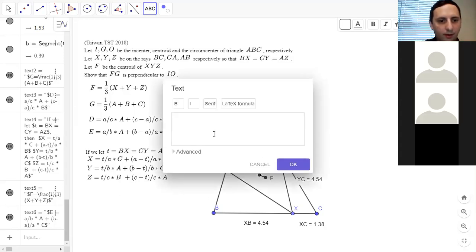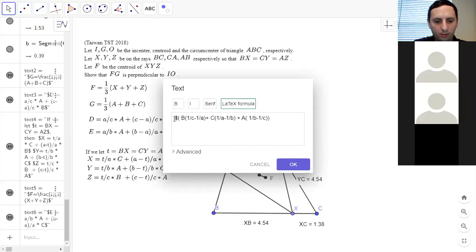So we would have t times b, it would be t times b times 1 over c minus 1 over a, plus c times 1 over a minus 1 over b, plus a times 1 over b minus 1 over c. So a third.